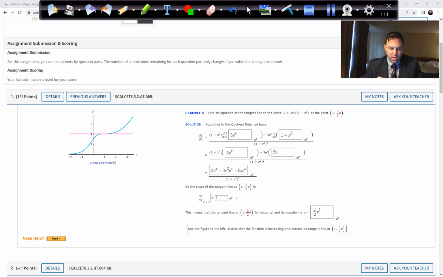So the horizontal line is this purple line that they wrote here, and it's equal to just the y value of that point. So at x equals 1, the derivative is 0, but if you plug 1 into the original function, you get 3/2 e. So that horizontal line is described by y equals 3/2 e to the 1. To get e there, you just type e to the first power. Okay, so that is problem 1.